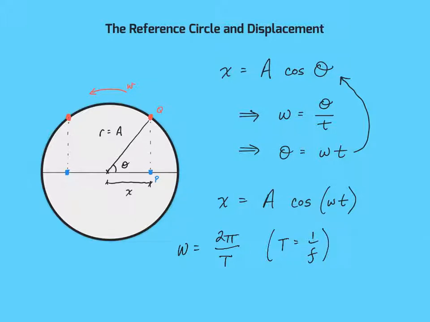So really what we can say here is that omega, or angular velocity, is equal to 2 pi times our frequency, and this expression can just be plugged in for omega. So if I don't give you an angular velocity, if we know what the frequency is, then we could still figure out where that mass is at any point in time.